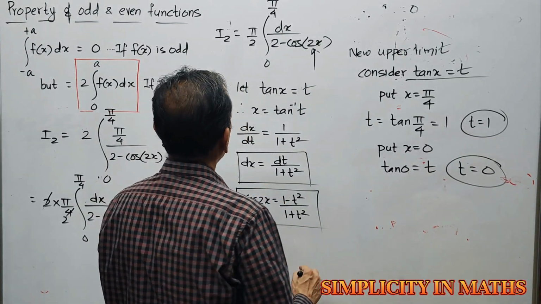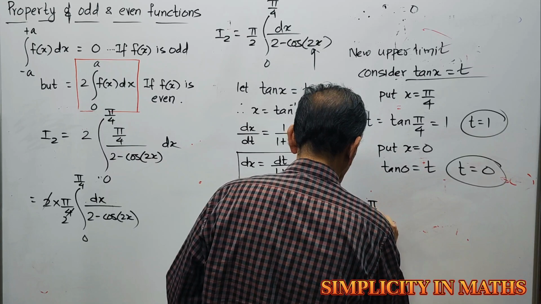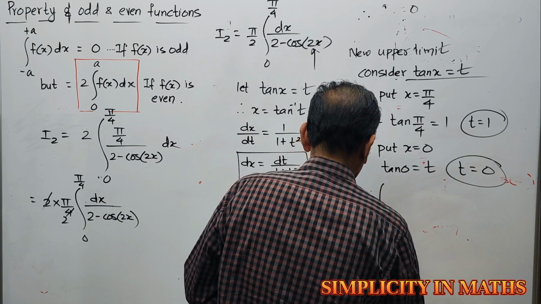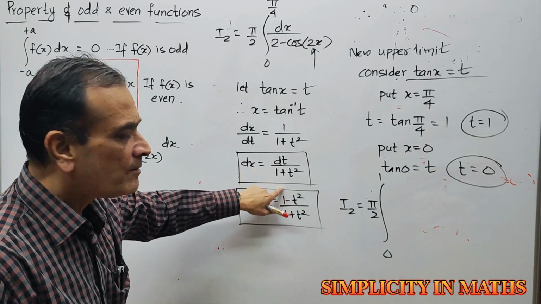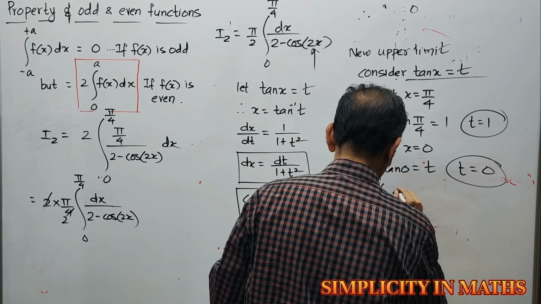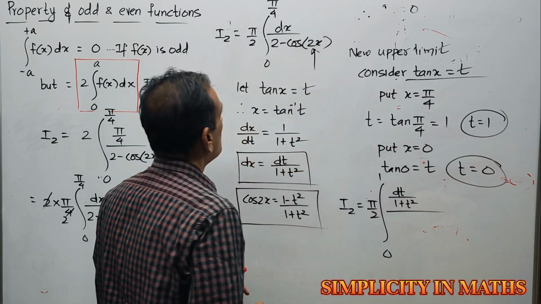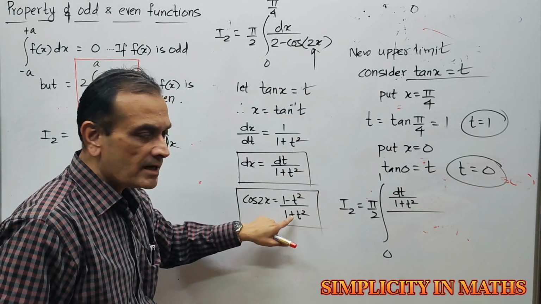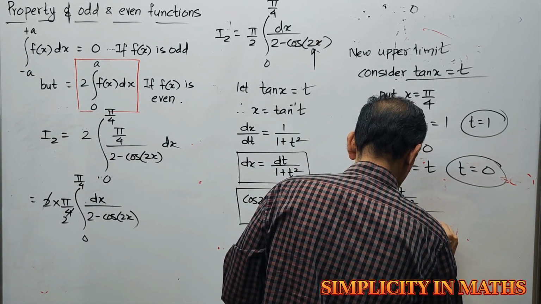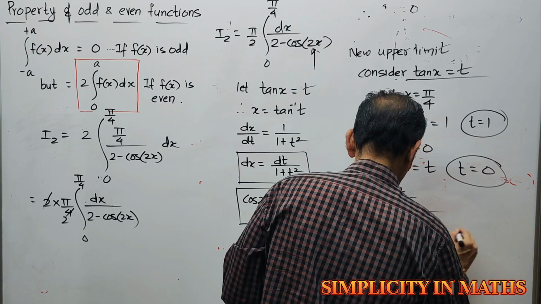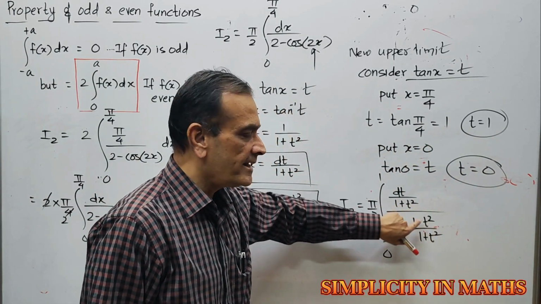So what do I get? I2 equal to जीरो टू 1 आ गया. dx के लिए dt अपॉन 1 प्लस टी स्क्वायर. cos 2x के लिए 1 माइनस टी स्क्वायर अपॉन 1 प्लस टी स्क्वायर. Do not cancel 1 plus t squared. यहाँ पे cancel नहीं होगा.